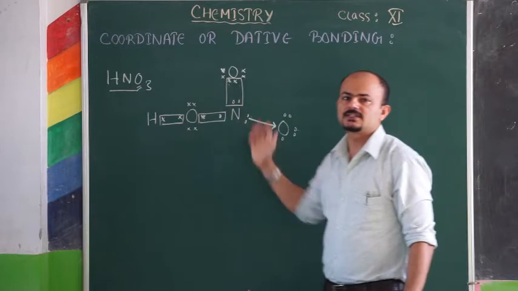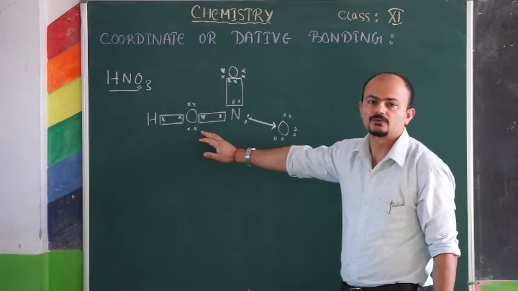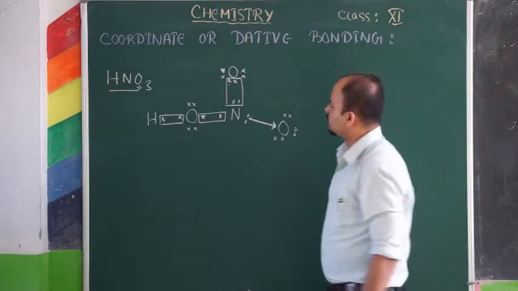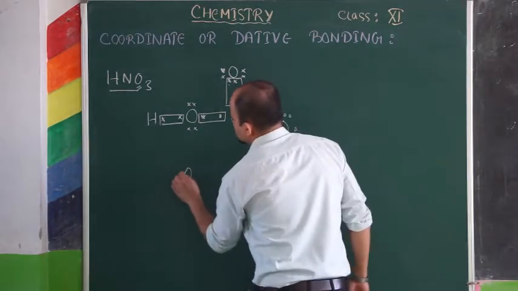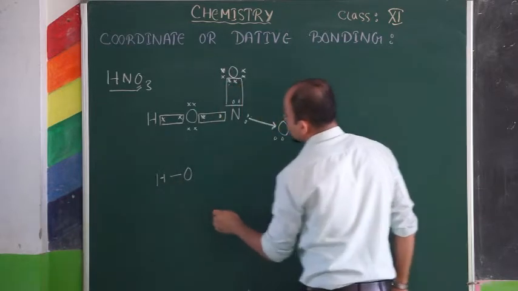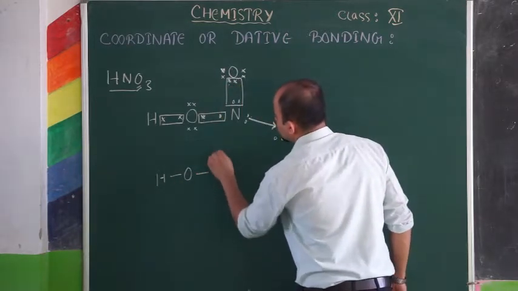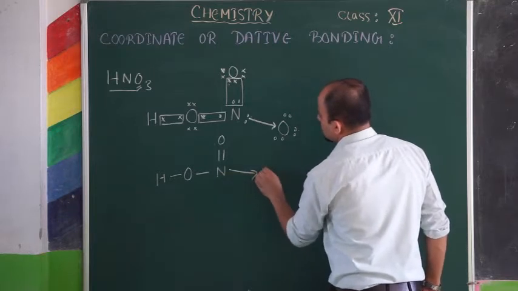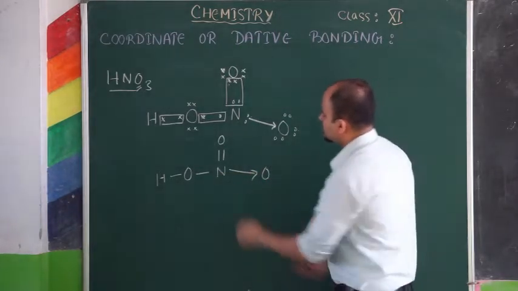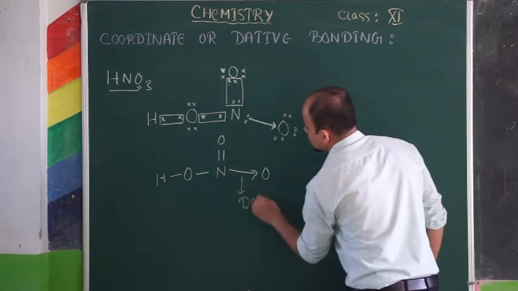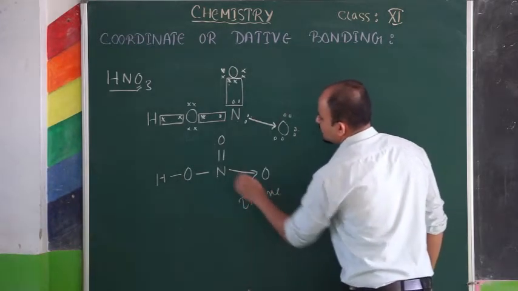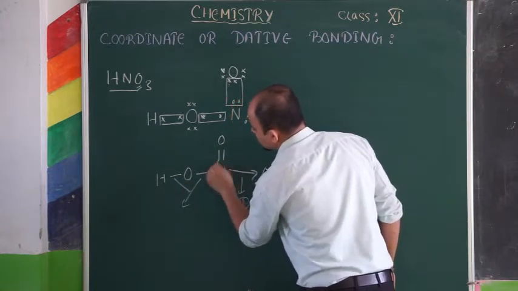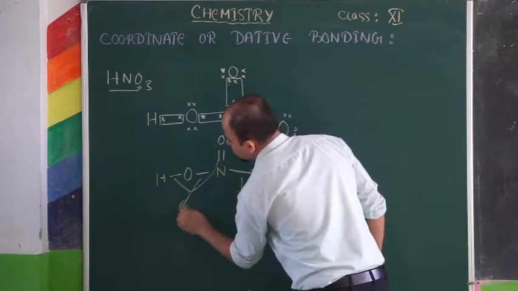Hydrogen has a duplet, and the other atoms have acquired the octet configuration. As a result, if you write it showing the bonds, you will have this structure where you have oxygen, and this is the dative bond, and these bonds are all covalent bonds. This too is a covalent bond.